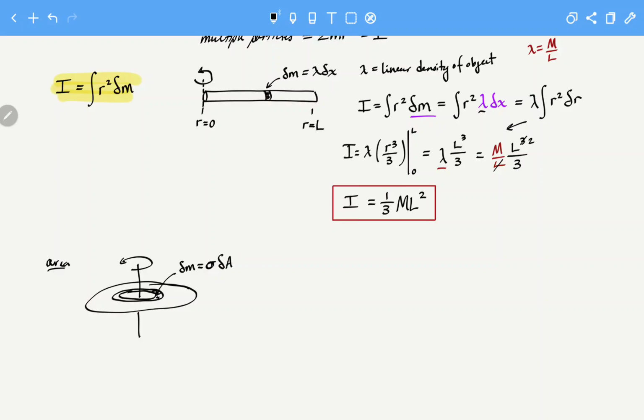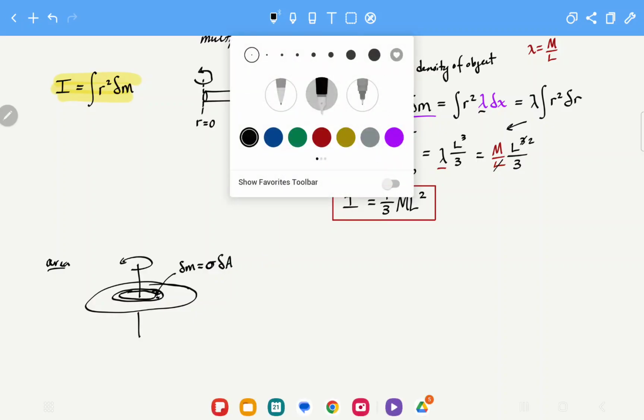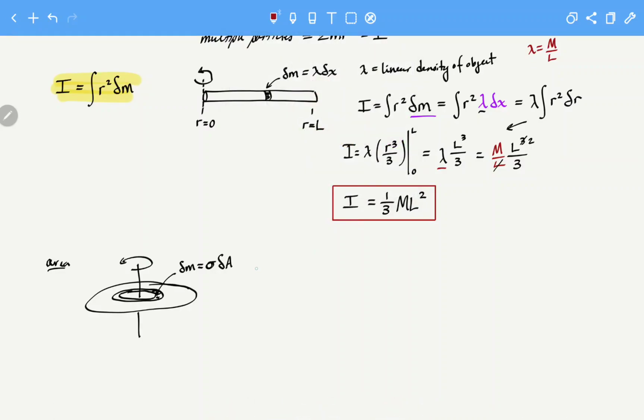All right, so let's jump ahead here. I'll try and color coordinate this so it makes a little more sense. Now our sigma is mass per unit area instead of mass per unit length. And if you remember, the area of a circle is pi r squared.